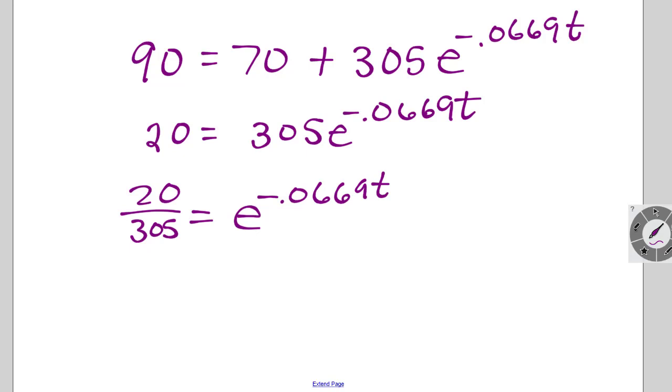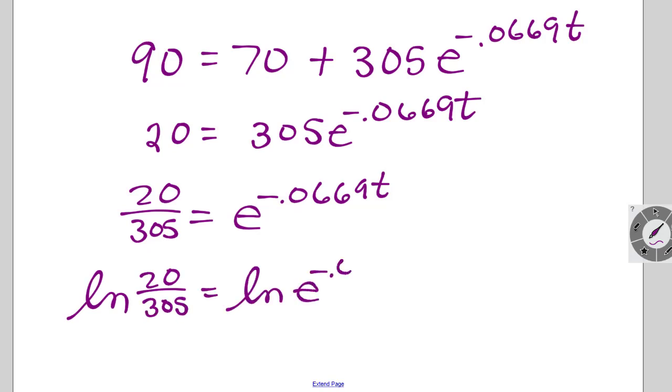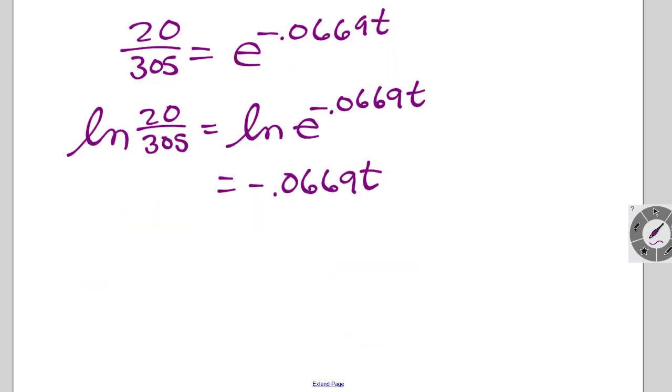And now to get to that t, I can take the natural log of both sides. Of course, natural log and e cancel out.